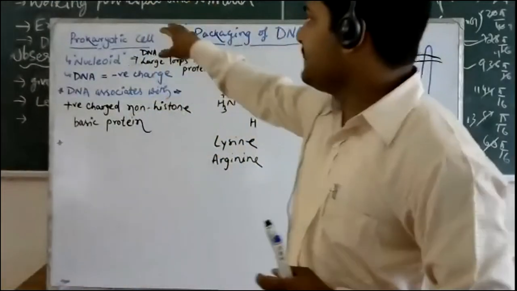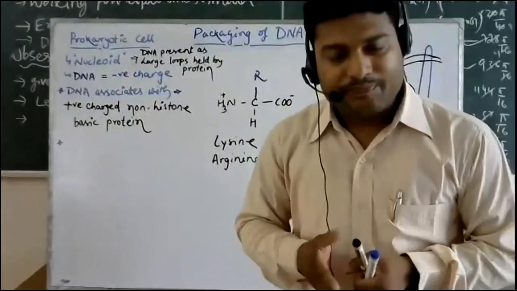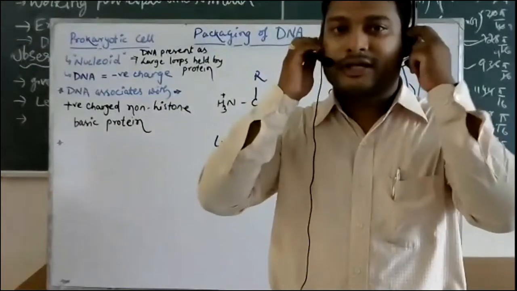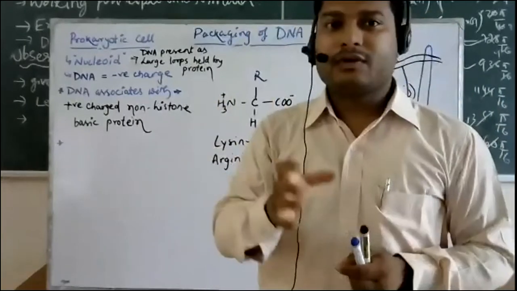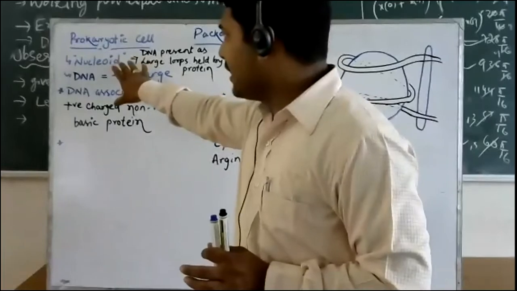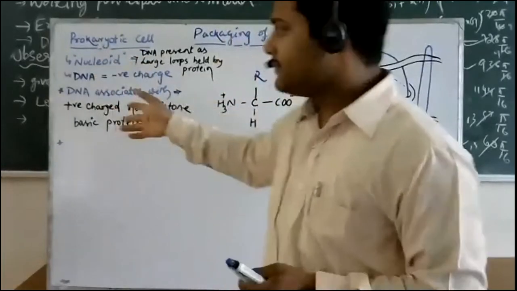Now, going back to the prokaryotic cell, there is of course no nucleus, but that does not mean that the entire DNA is floating in the entire cell, right? There is a specialized region, a specific place where you have the genetic material, and that is of course the nucleoid that we have been talking about.